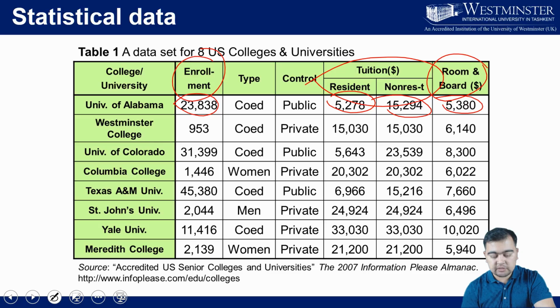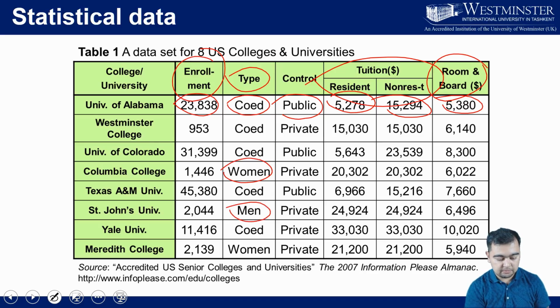Now, if you have a data set that has no numbers but different names, for example, here we have the type of the students who can enroll in the universities. Co-ed means both gender representatives can apply for this university, or for example, if it says women, only women can apply to this university, or only men can apply to that particular one, St. John's University, right?